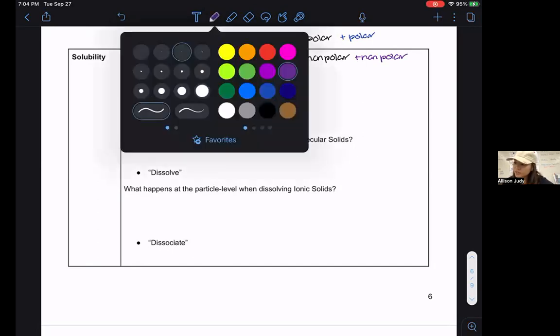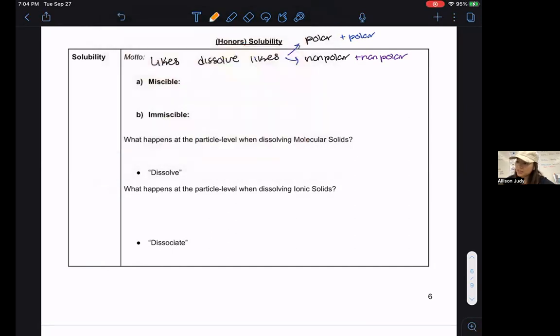So an example of this: think about how fats and oils, actually, that's a better example of non-polar. Fats and oils mix pretty well together. But when you mix oil and water, it doesn't work because water's polar, but oil's not.